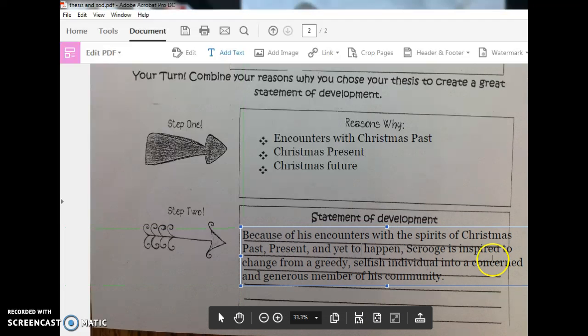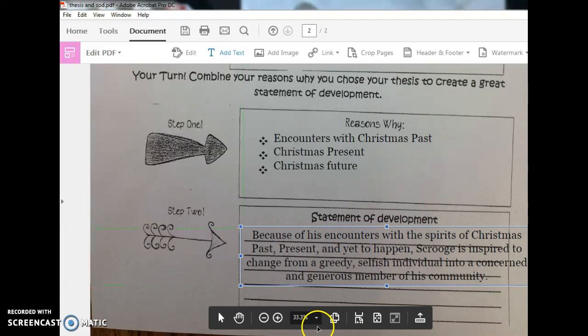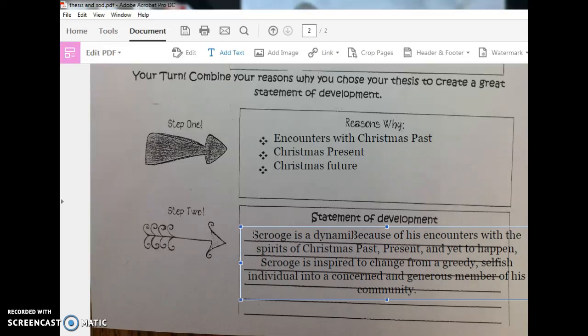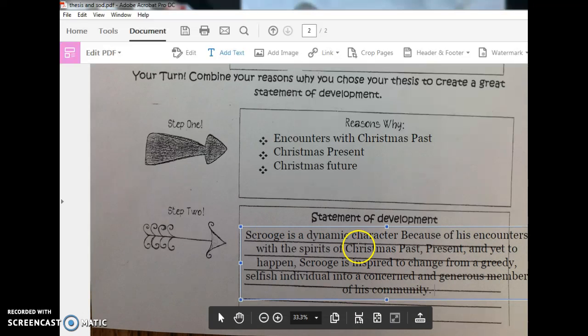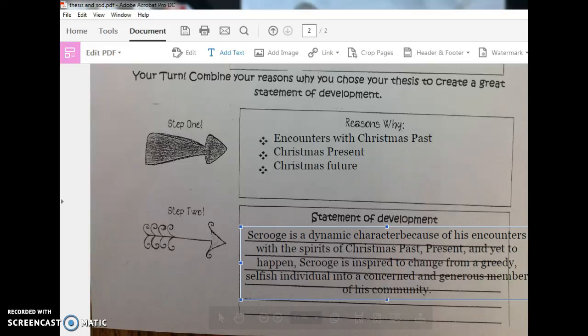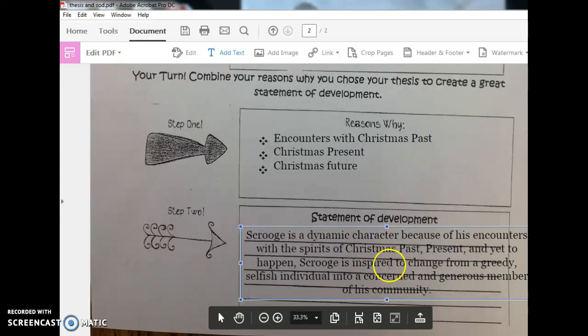So now I need to look for a place where I'm going to add that in. So right here I could say Scrooge is a dynamic character because of his encounters with the spirits of Christmas past, present, and yet to happen.